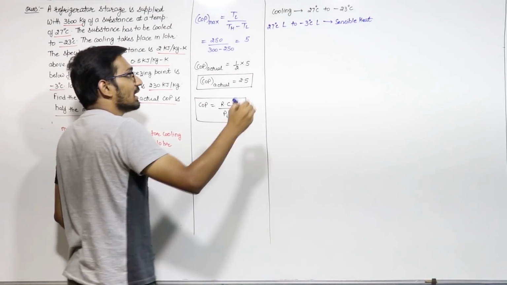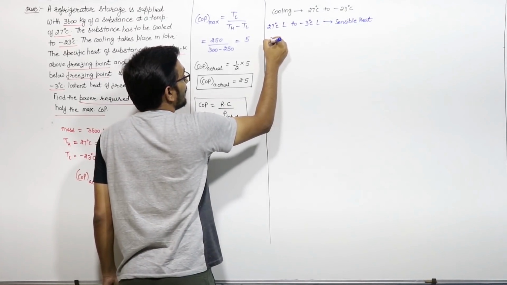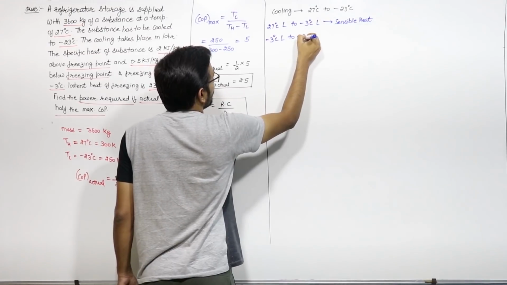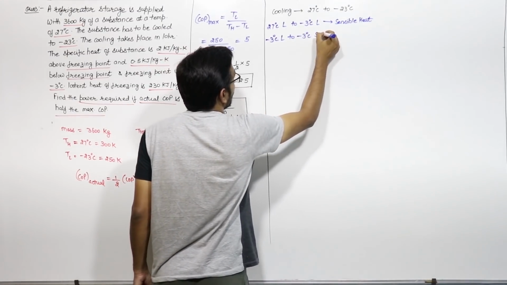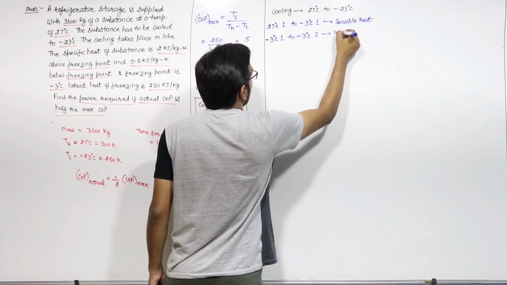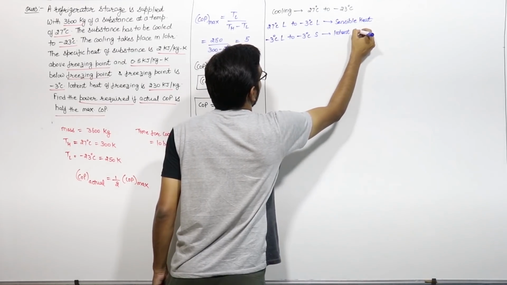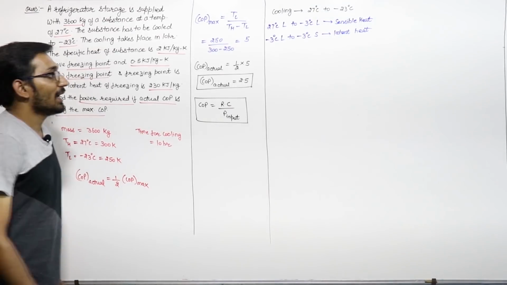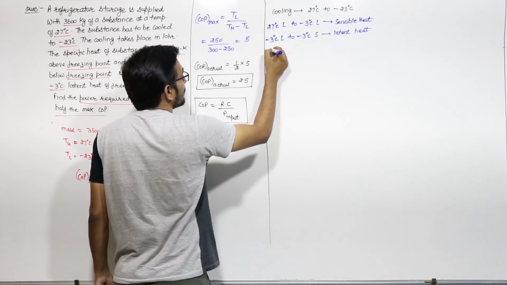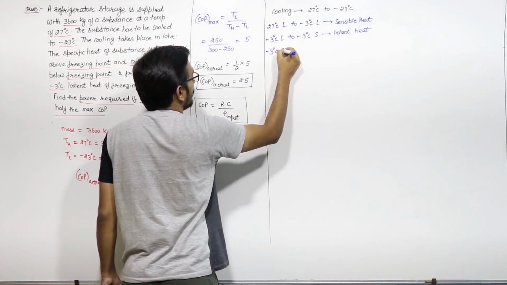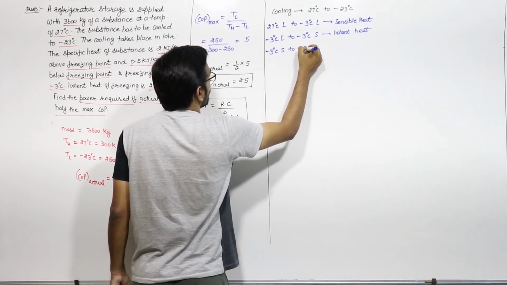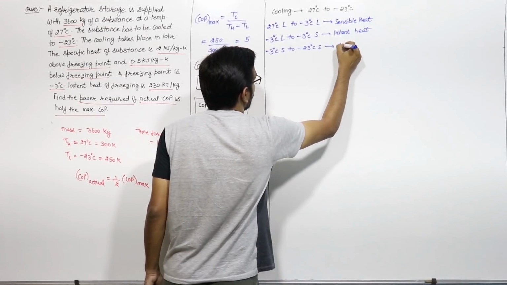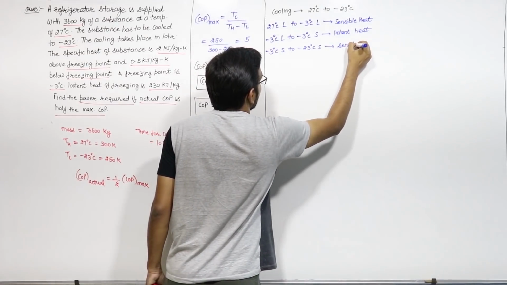Now the phase change will occur. So minus 3 degrees Celsius liquid to minus 3 degrees Celsius solid, we have to remove the latent heat. And now from minus 3 degrees Celsius solid to minus 23 degrees Celsius solid, again we have to remove the sensible heat.